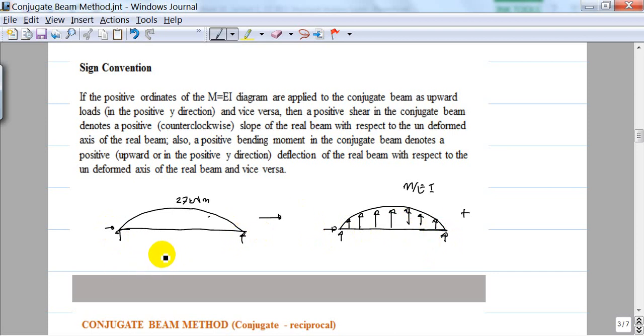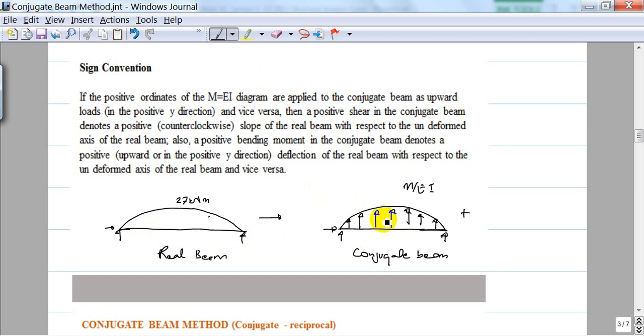So this is a real beam and this is a conjugate beam. If I consider this load acting on this beam and derive the bending moment equation, that equation will give me bending moment values at any point in this beam, and that value of the bending moment is equal to the deflection of the real beam.